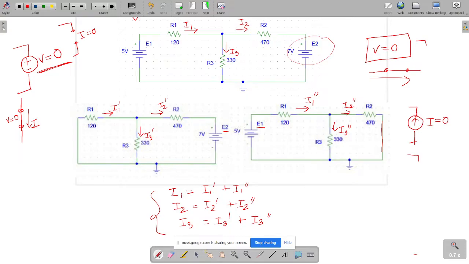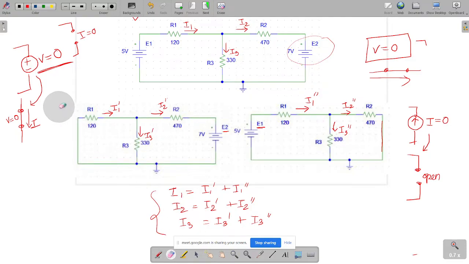So it just means that particular branch is disconnected or open. That is why when we deactivate current sources, we represent them with an open circuit. And when we deactivate voltage sources, we represent them with a short circuit. Now, is it all clear?